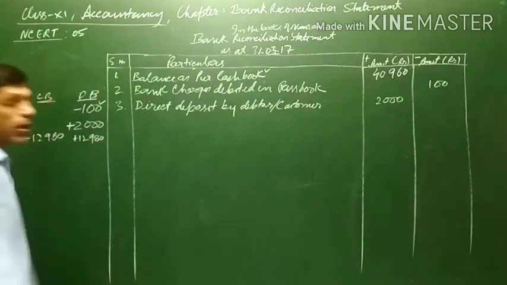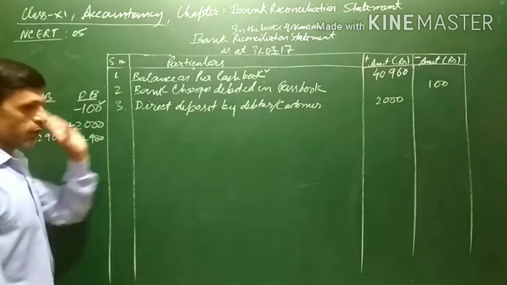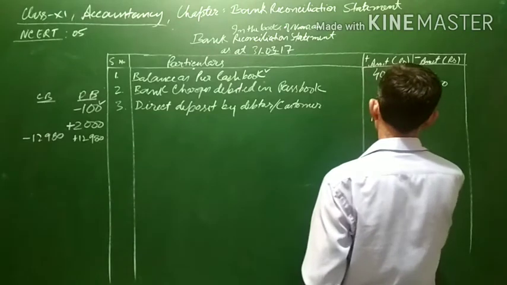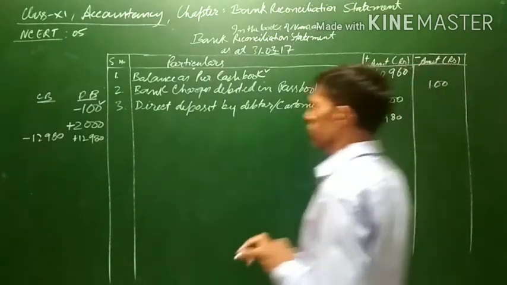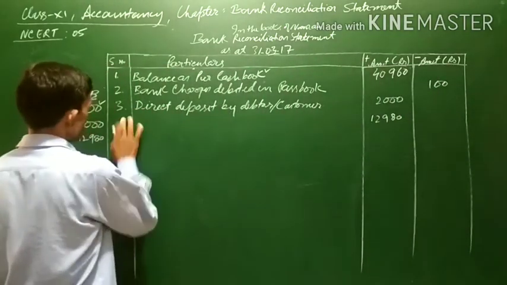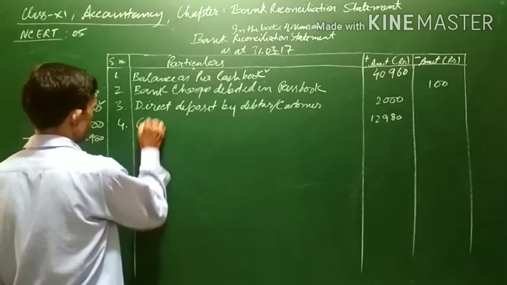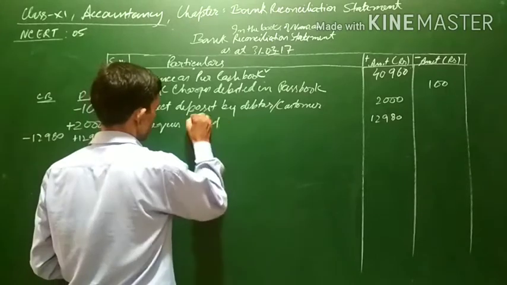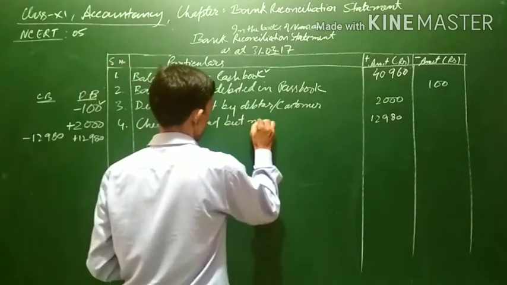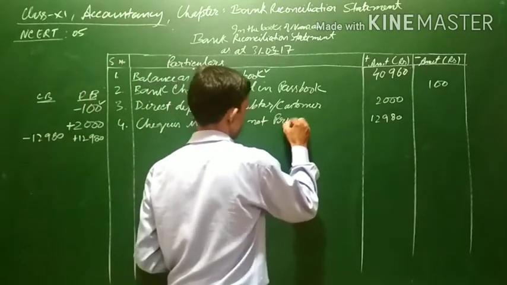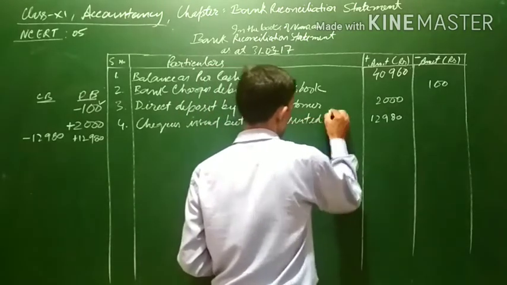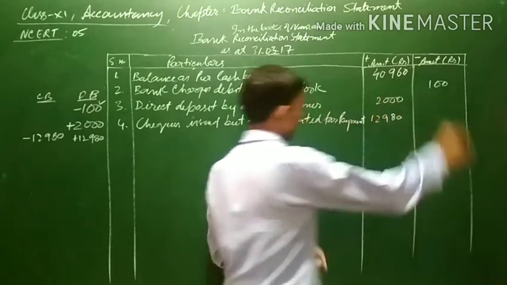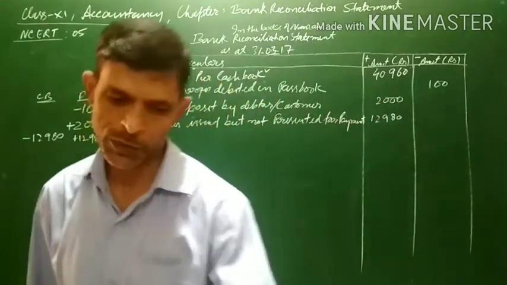Since there will be excess balance showing, we will write it in the plus column, 12,980, and the statement will be checks issued but not presented for payment.